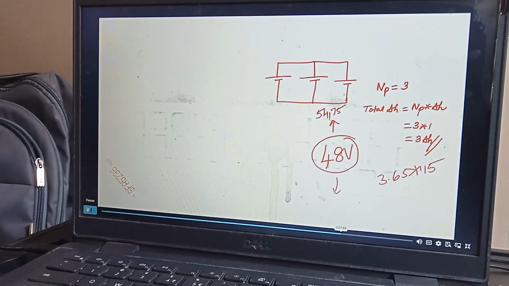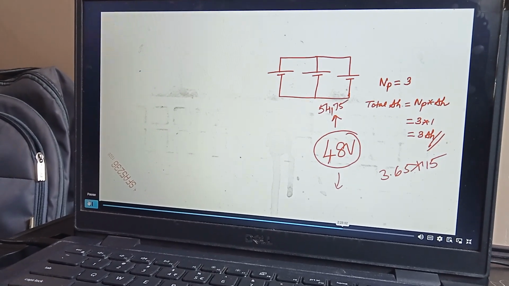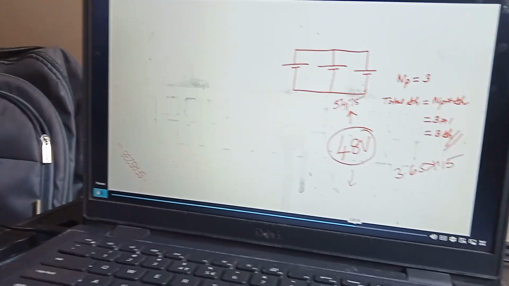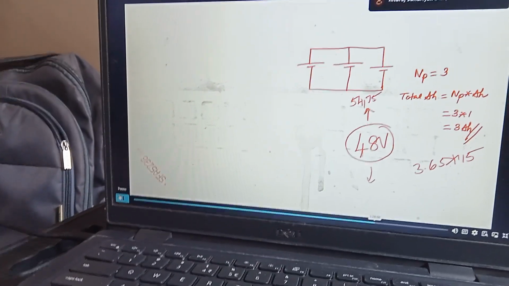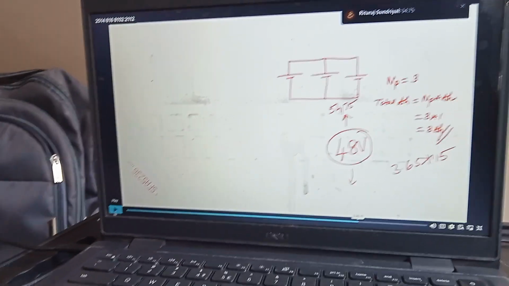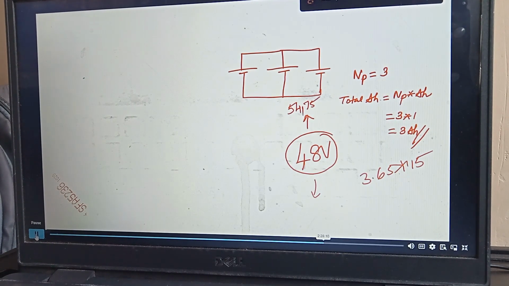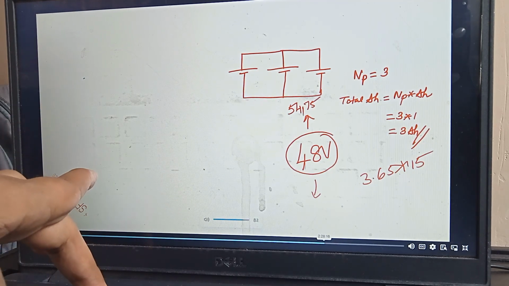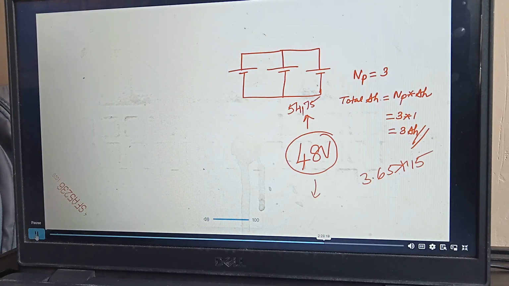To make the battery pack and get the configuration, we use nominal only. The cutoff value comes only when charging or discharging. That will be a control point, basically a control cutoff. When you do charging, you need to cut off at 54.75. That doesn't come under a configuration.